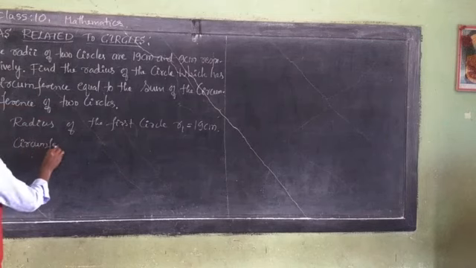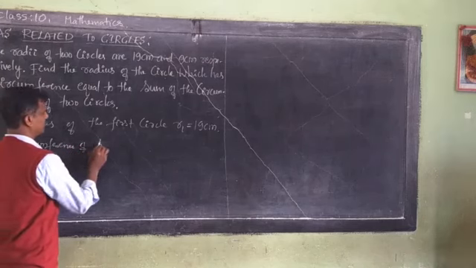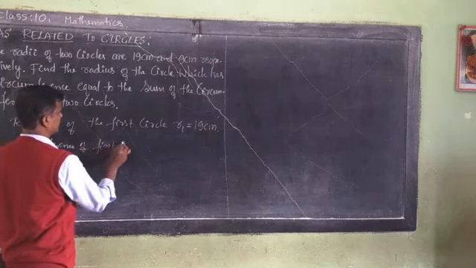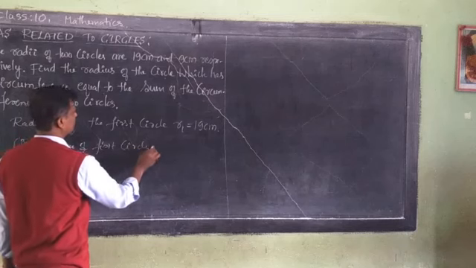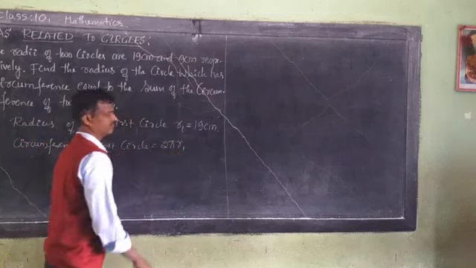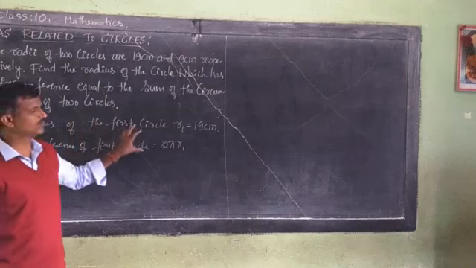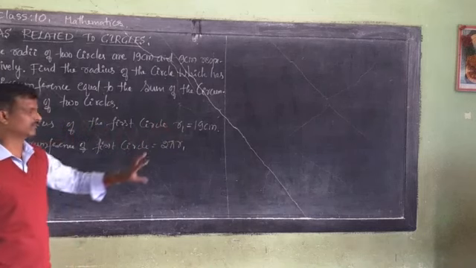Circumference of first circle is equal to 2 pi R1. Circumference is given by 2 pi R. Therefore, circumference of first circle is equal to 2 pi R1.